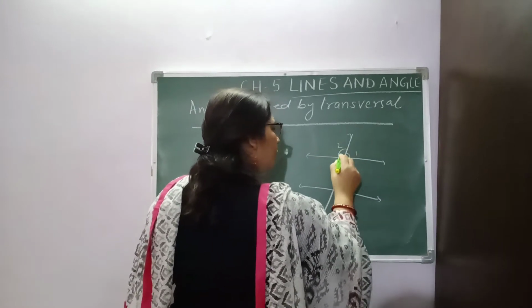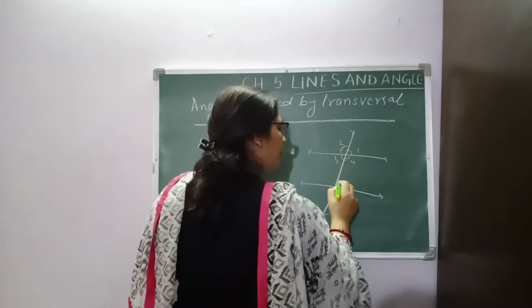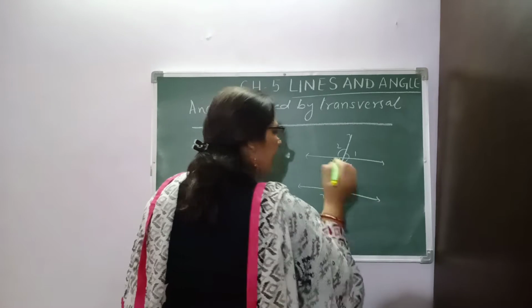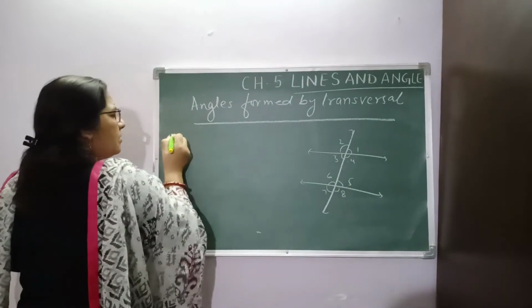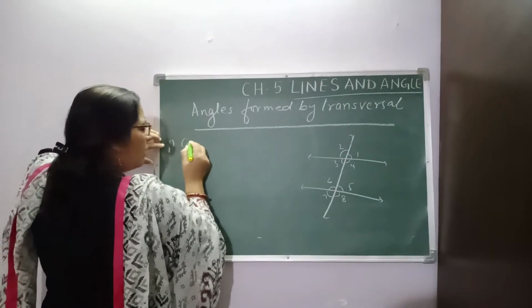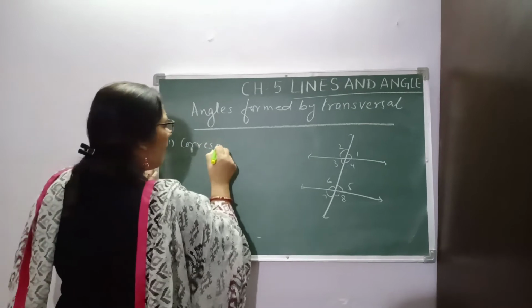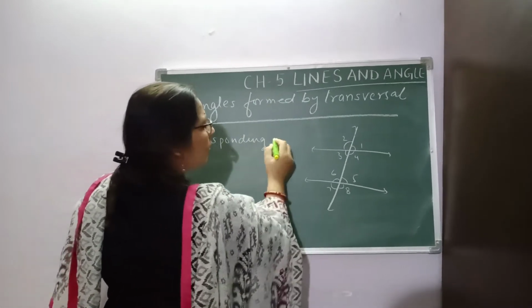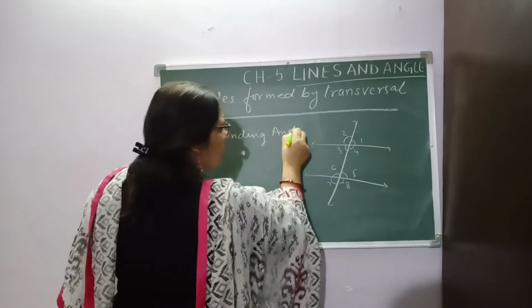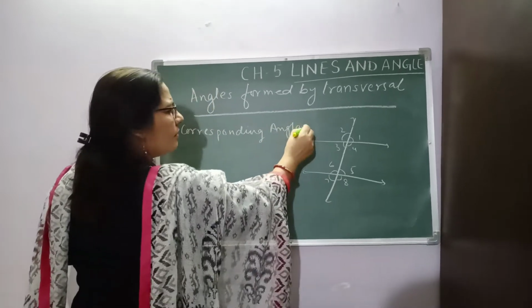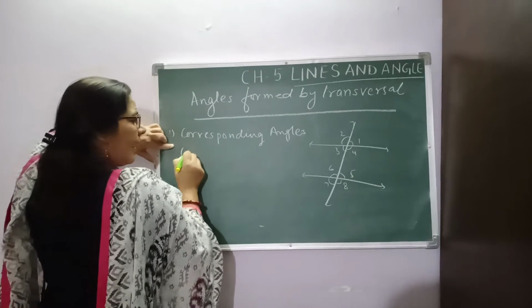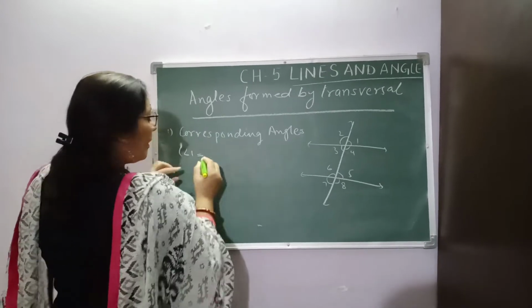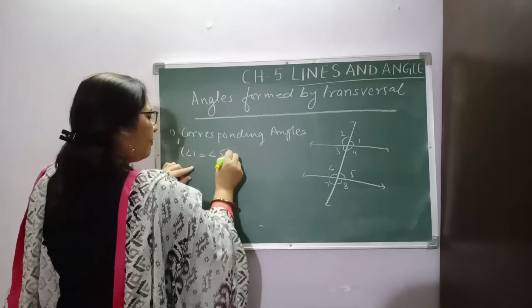1, 2, 3, 4, 5, 6, 7, 8. So first we learn about the corresponding angles. Write all the pairs of corresponding angles. How many pairs are there? Angle 1 is equal to angle 5.